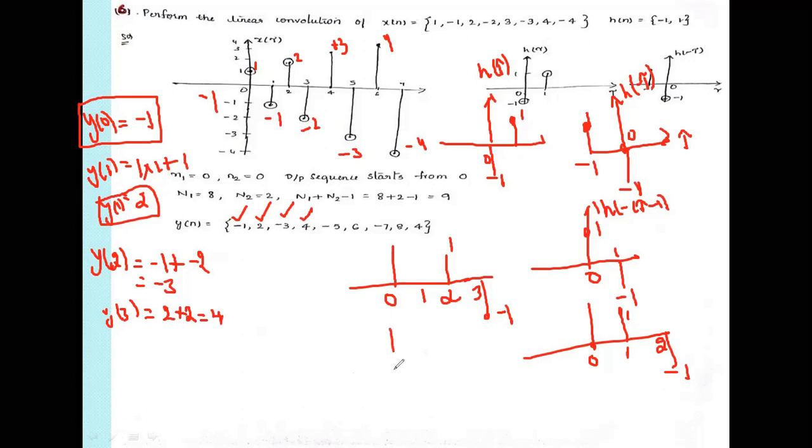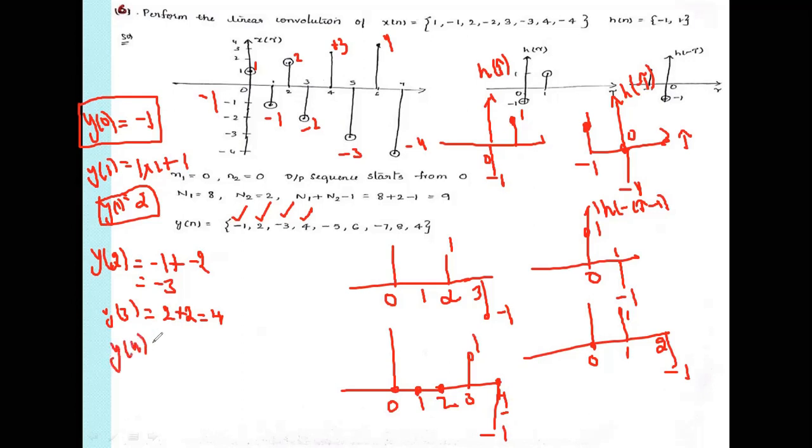Still again, you can move towards the right side. Means 0, 1, 2, all the values are 0 now. At 3 the value is 1 and at 4 the value is minus 1. So you can see 3 and 4 here. 3 is minus 2, minus 2 into 1.